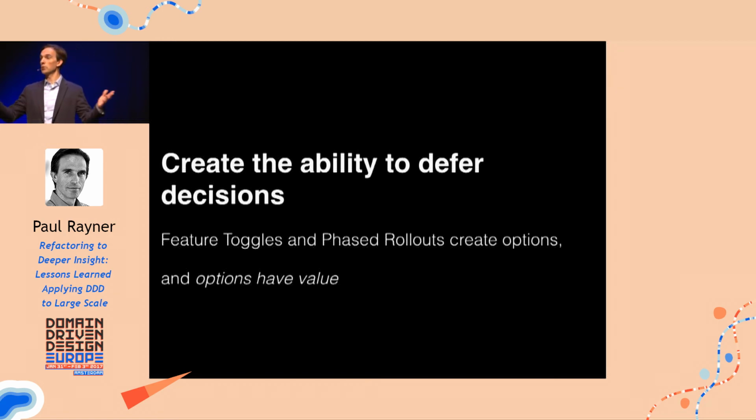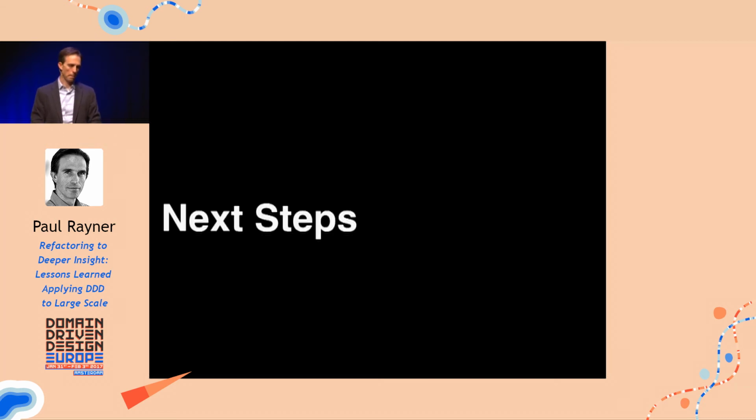Colloquially, we would say, keep your options open. Feature toggles are a way of doing that. Feature toggles and phased rollouts create options, and if you read the graphic novel Commitment, it talks about how options have value, and you shouldn't destroy options unless you know why you're destroying those options. Options are an important thing.